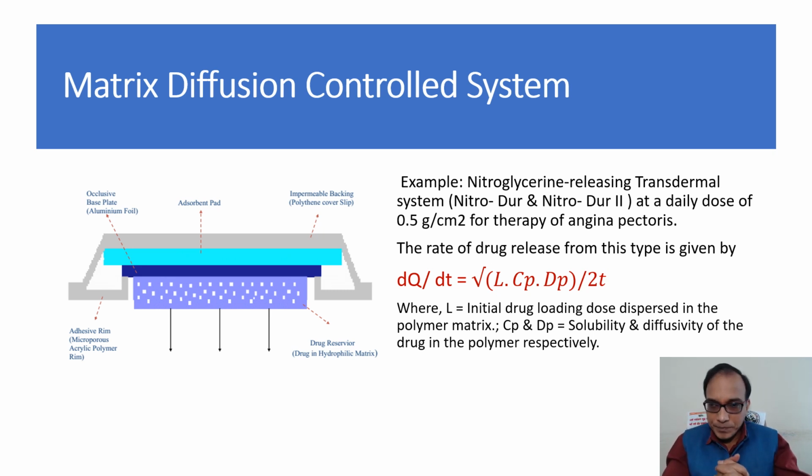Examples include nitroglycerin releasing transdermal systems, Nitrodur and Nitrodur II, at daily doses of 0.5 mg per centimeter square for therapy for angina pectoris. And now we are moving to the next one.